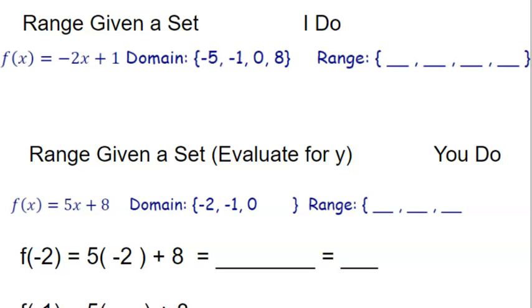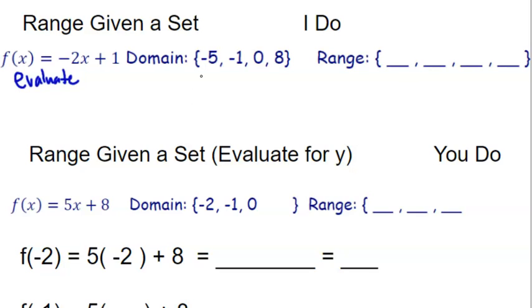Range given a set. I'll do this one. So you're given f of x equals negative 2x plus 1, where the domain is negative 5, negative 1, 0, and 8. To find the range of this, we're going to evaluate. When you were finding the domain, you had to solve.